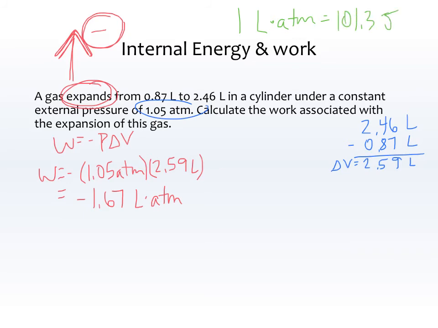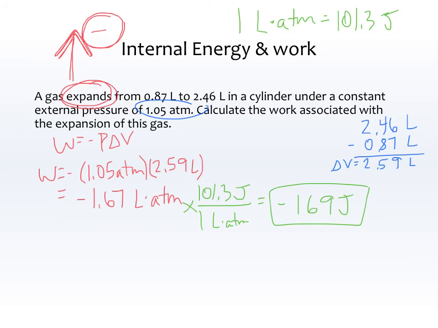So we're actually going to convert that to joules so that it comes out in a unit that makes more sense. Let's just factor label that. I end up with negative 169 joules. Hey, it's a negative value, and we said it was supposed to be a negative value. Awesome. Let's try another example.